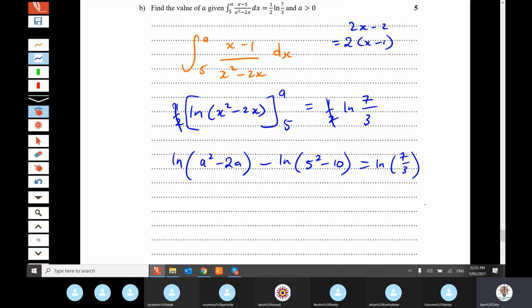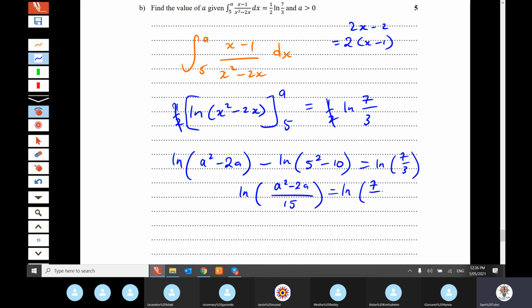You know where we're getting to, right? Log, what do you do when you subtract logs? Divide. Don't forget your log laws, which I think you guys do need revision on. 5 squared is 25. 25 take away 10 is 15.